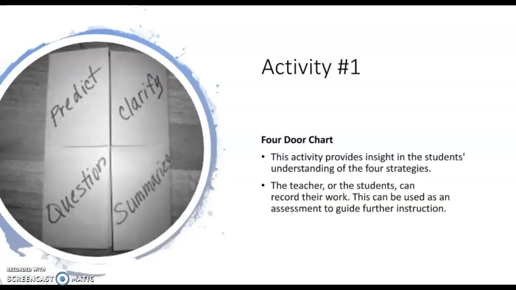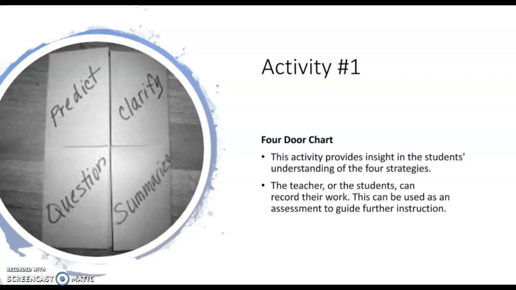An activity that can be done utilizing reciprocal teaching is called the 4-door chart. This activity can provide insight into the students' understanding of the 4 strategies. This is vital information for the teacher. So, you see a picture of an example on the left. It has 4 flaps.